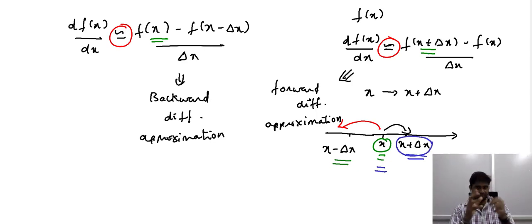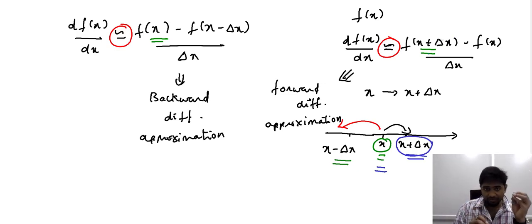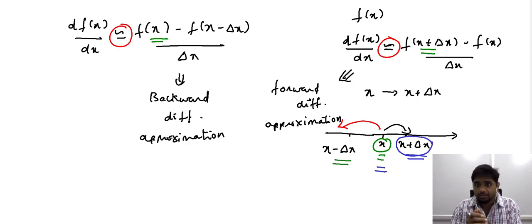So even though there is a significant difference between backward difference approximation and forward difference approximation, the similarity is that the first term in the numerator is always the one that is associated with the greater value of the variable. So it is associated with the variable that assumes the greater value. So with x and x minus delta x, x assumes the greater value, so that is the first term here. In case of x and x plus delta x, x plus delta x assumes the greater value, so it is assumed to be the first term here.